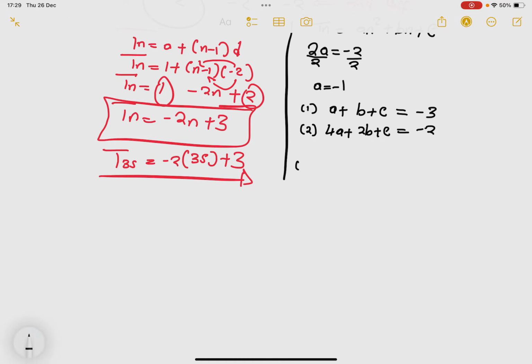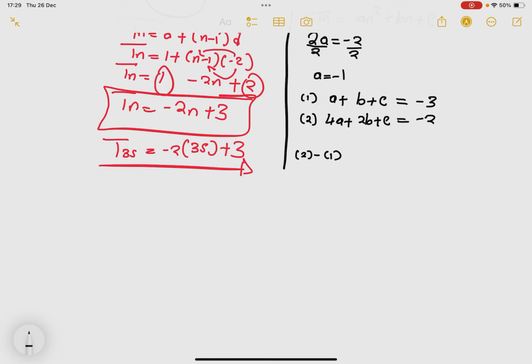So here we're going to say, what is 2 minus 1, right? So 2 minus 1 means that we're going to have expression number 2 minus expression number 1. So we're going to have 4a minus a. Therefore, we're going to have 3a. 2b minus b is going to be b. And c minus c is just going to be 0.